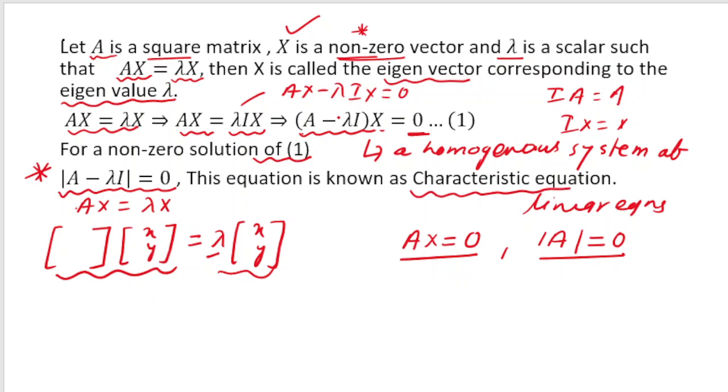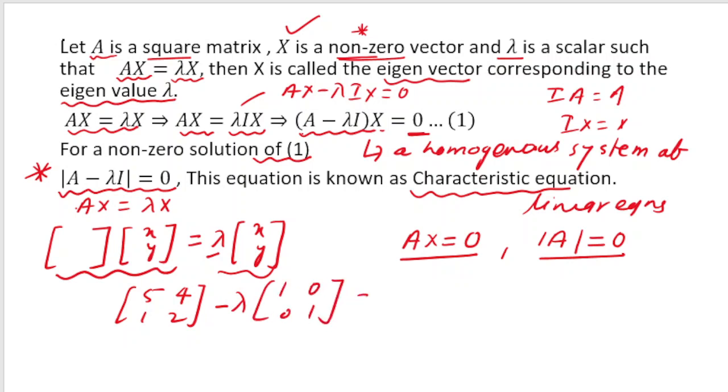Just to make sense that this represents a homogeneous system of equations, let me quickly take a small matrix. Suppose I take a small matrix 5 4 1 2, and A minus lambda I means I write minus lambda times I, which is 1 0 0 1.